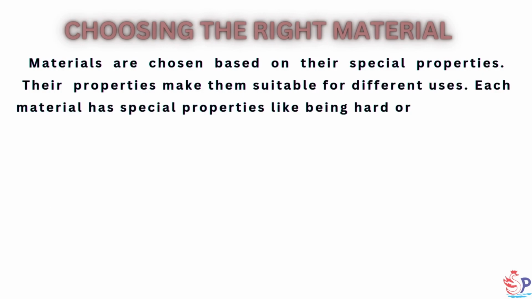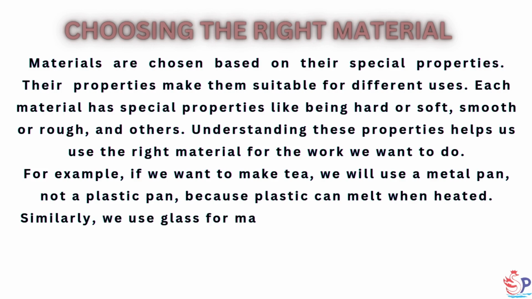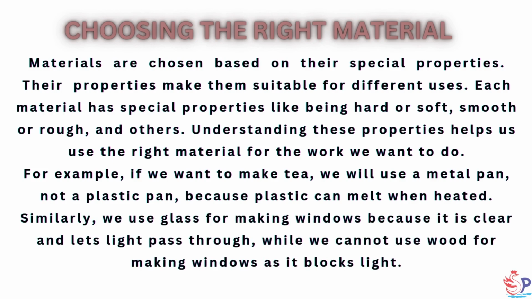Choosing the right material. Materials are chosen based on their special properties. Their properties make them suitable for different uses. Each material has special properties like being hard or soft, smooth or rough, and others. Understanding these properties helps us use the right material for the work we want to do.